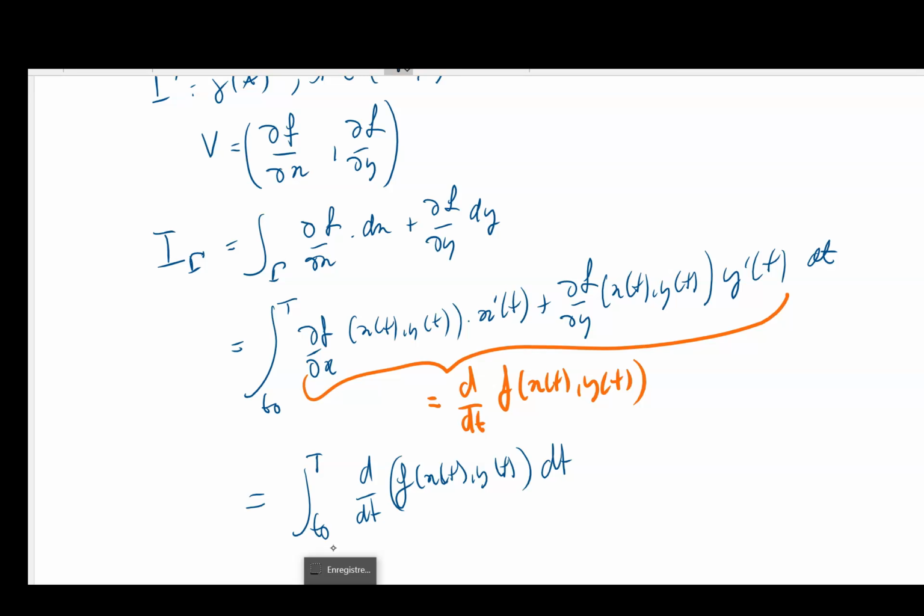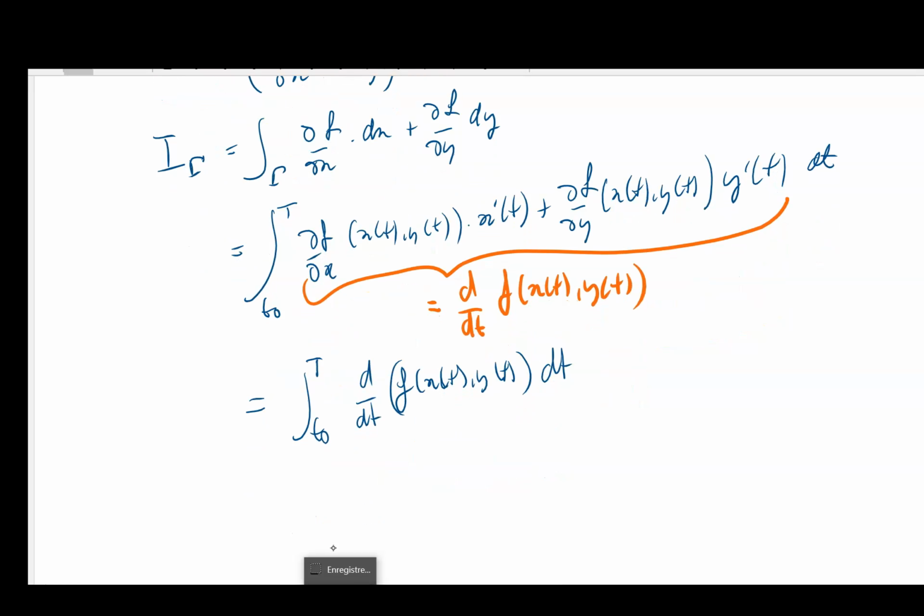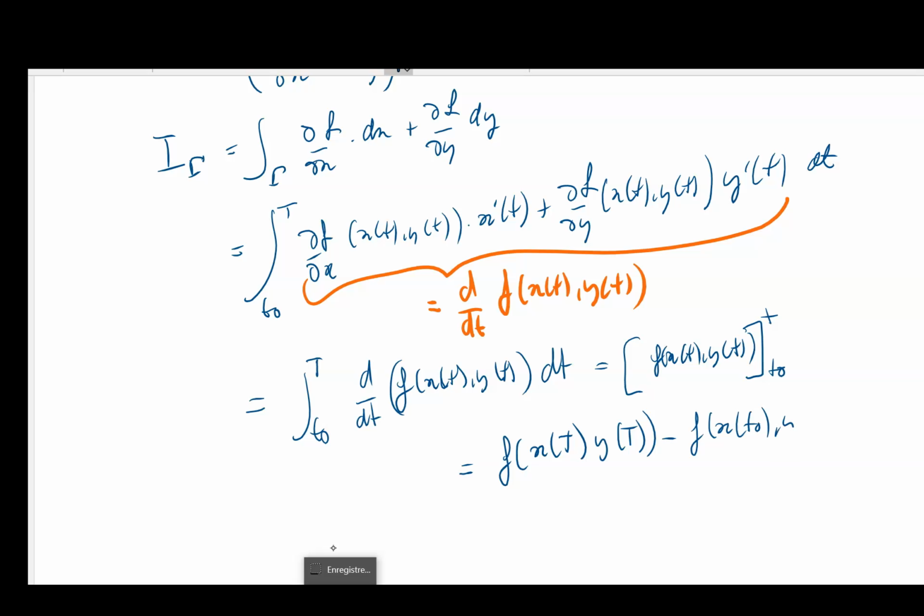So you know that the integral of the derivative is just the function, so that's going to be f of (x of t, y of t) evaluated from t0 to capital T, and that's just going to be the value of f at (x of capital T, y of capital T), minus the value of f at (x of t0, y of t0).